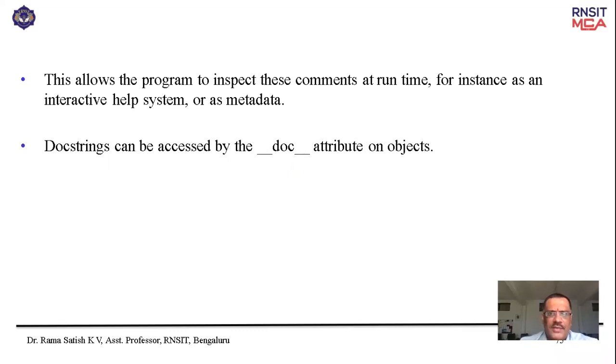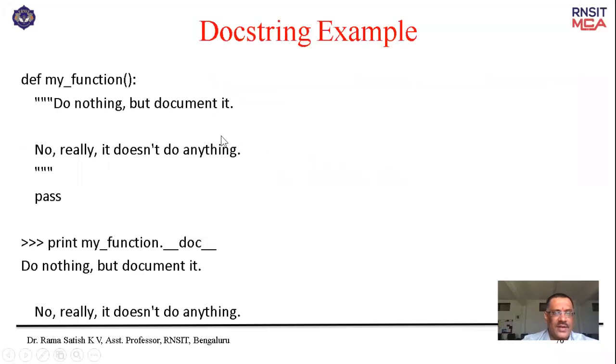It's an attribute on the docstring object. We can easily access it. Let's see how it is done. Here I write my function: def my_function. You are doing something, but document it.